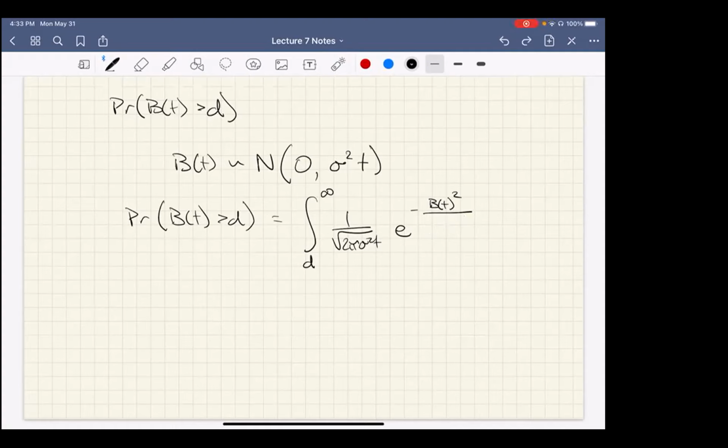In the denominator, I just have twice the variance, which is 2 sigma squared t, dB of t.